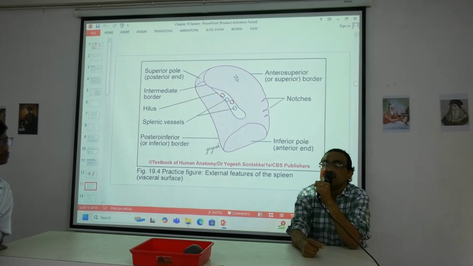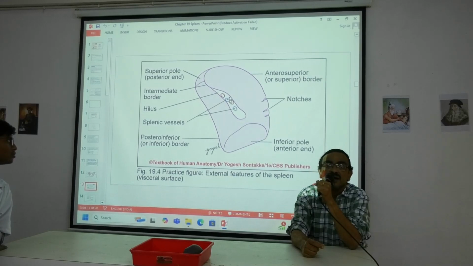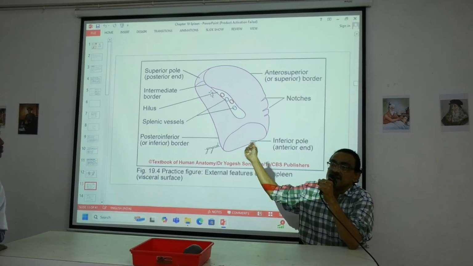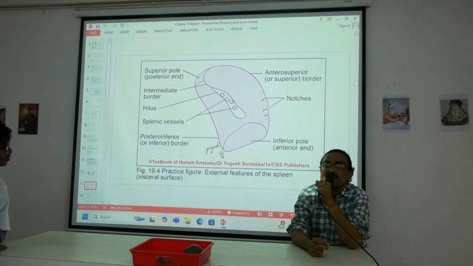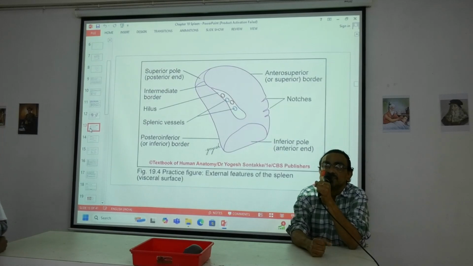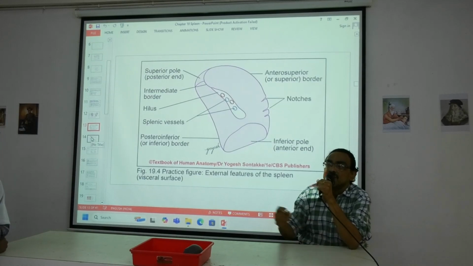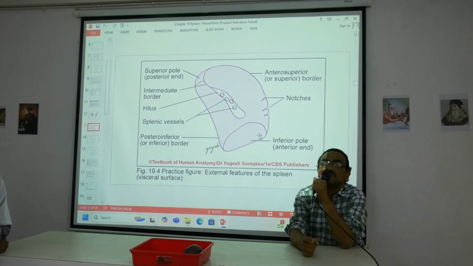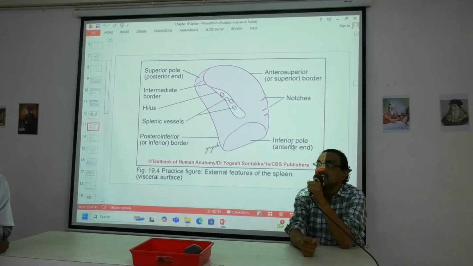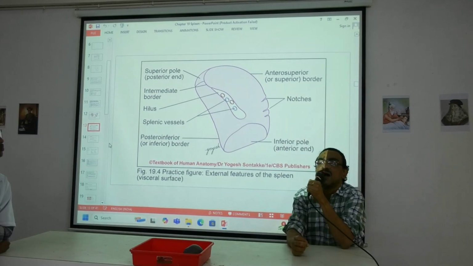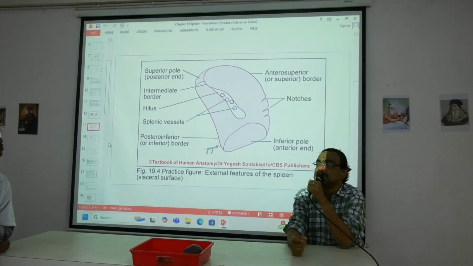Between the spleen and the stomach, there is a peritoneal ligament called the gastrosplenic ligament. Between the kidney and the spleen, there is another peritoneal ligament, the lienorenal ligament. Between the left colic flexure and the undersurface of the diaphragm is the phrenico-colic ligament, and the lienorenal ligament is continued upwards up to the diaphragm.